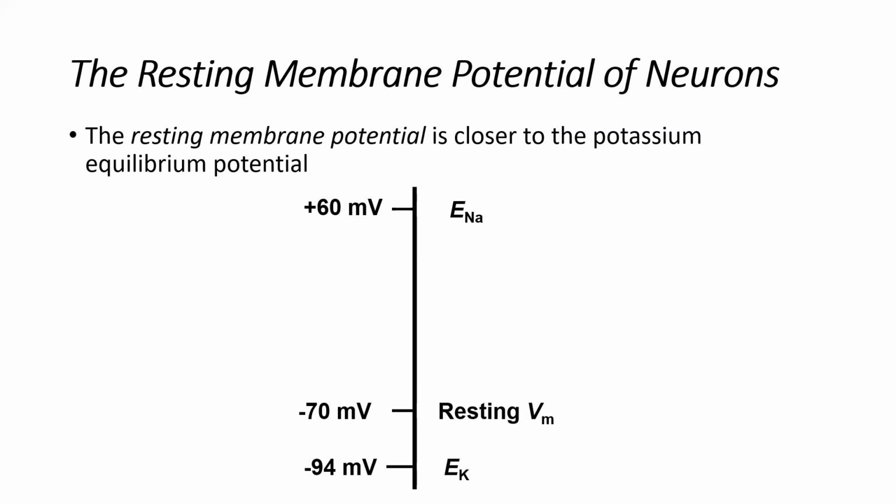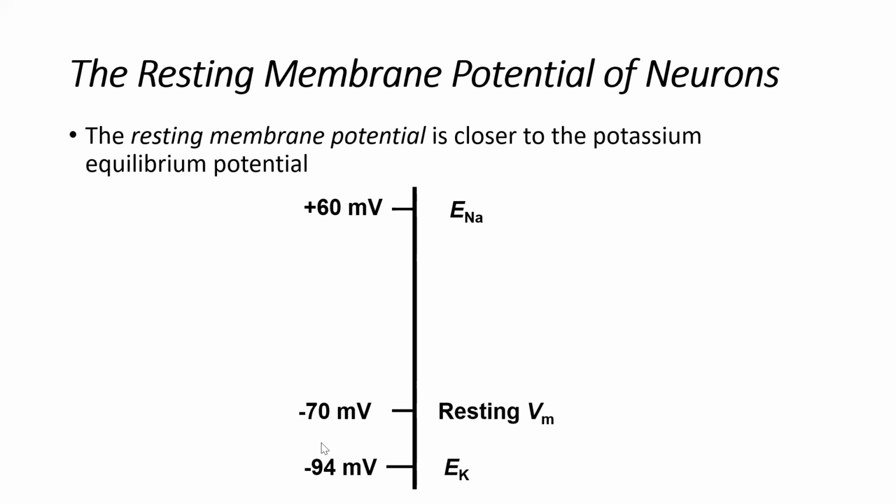The equilibrium potential for potassium is -94 millivolts. And that means that the inside of the cell has an excess of -94 charge when compared to the outside of the cell.